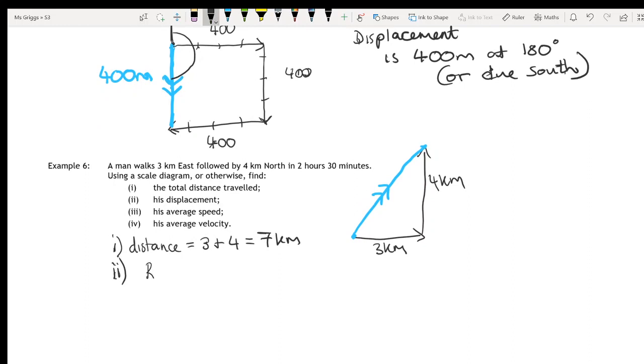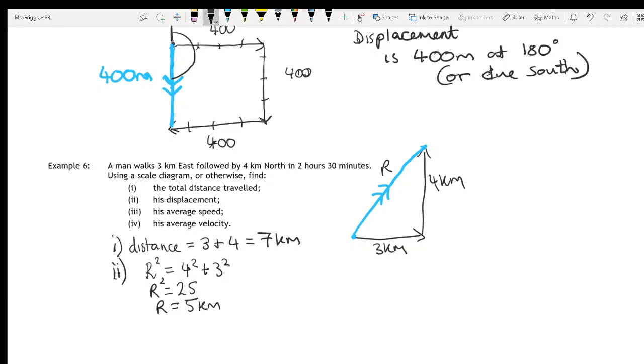So Pythagoras theorem, hopefully you all know that, is a squared equals b squared plus c squared. So r squared, we label that r, is 4 squared plus 3 squared. So r squared is 25. So r is the square root of 25, which is 5 kilometers.